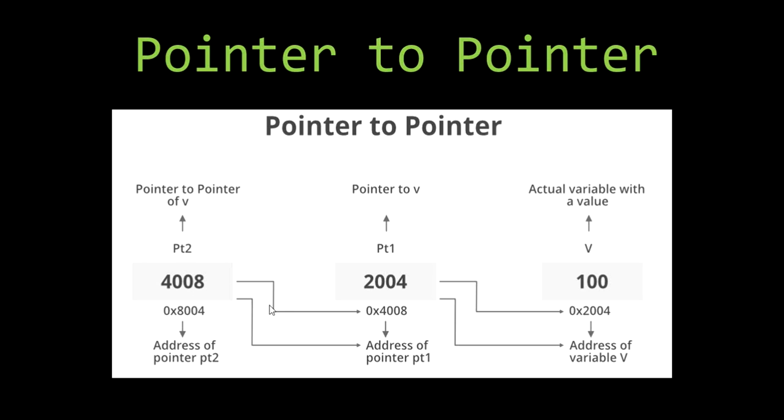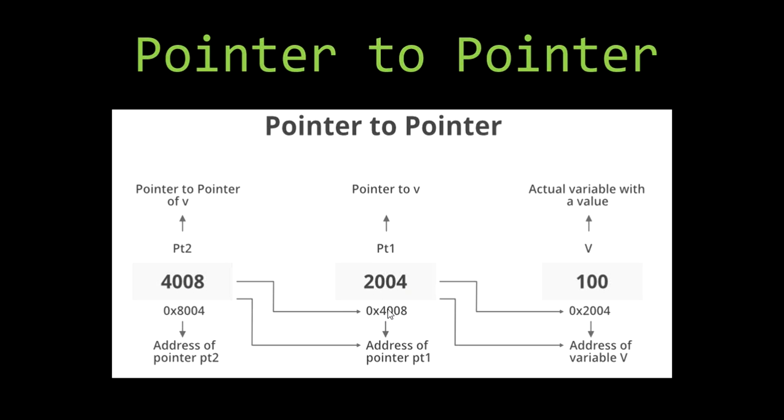So this 4008 is assigned over pointer 2, and 8004 is the address of pointer 2, and pointer to pointer to the variable v has been gone through the pointer 2 to the pointer 1, and from pointer 1 to the variable v.